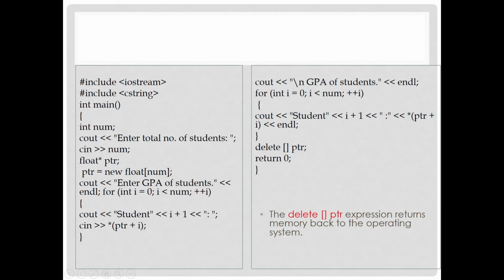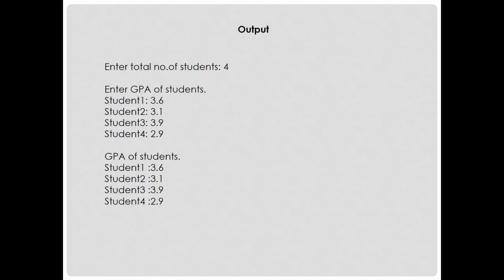This returns the memory back to the OS. Whatever memory has been obtained during the runtime is returned using the delete operator. That is why you call delete a memory management operator. So you have a new over here and a delete over here, which act as memory management operators.